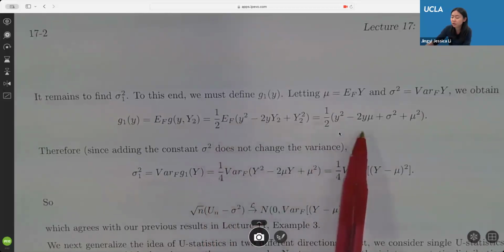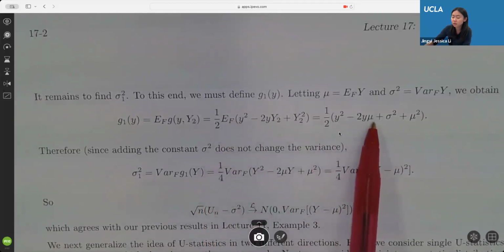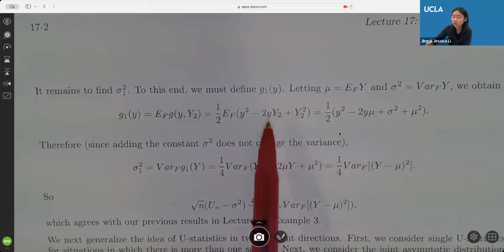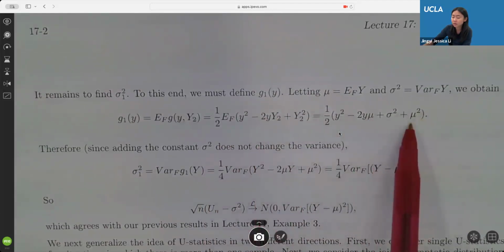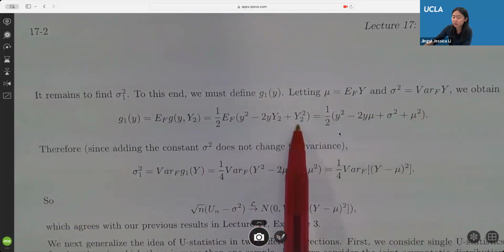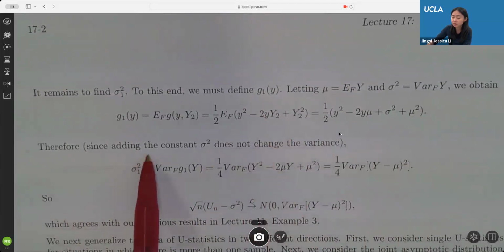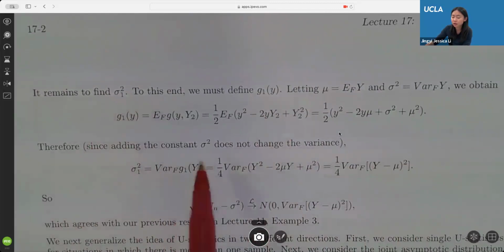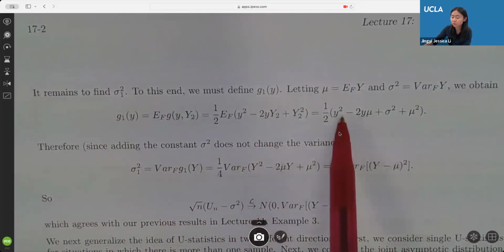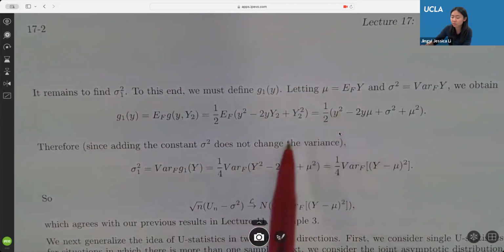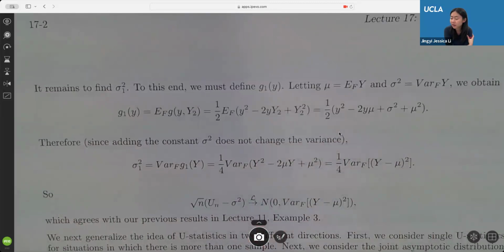By doing so, you can see that we introduce mu as the expectation of y2, and sigma squared plus mu squared as the expectation of y2 squared. Therefore, sigma 1 squared is the variance of this g1(Y). You put it back in, so y becomes the big Y random variable.